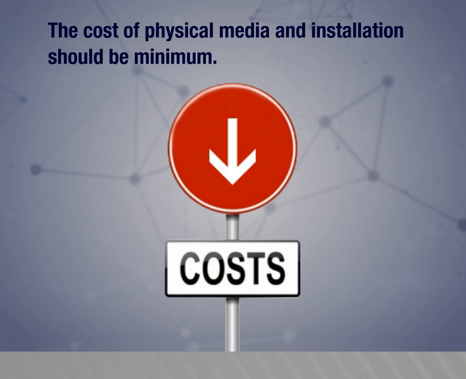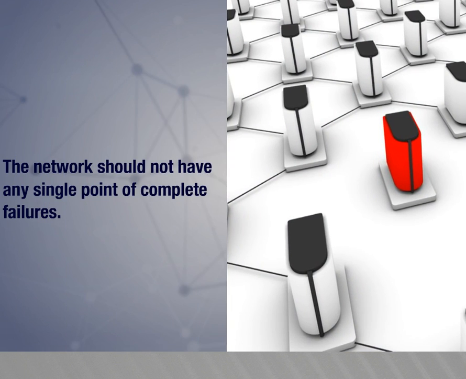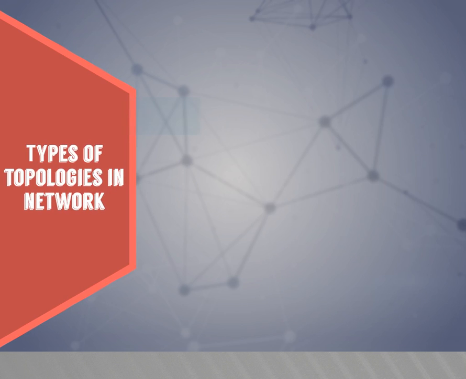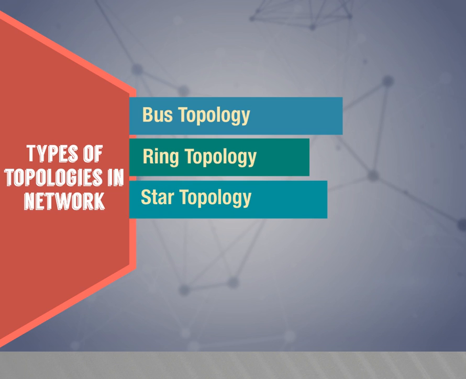The cost of physical media and installation should be minimum. The network should not have any single point of complete failure. Types of topologies in network: bus topology, ring topology, star topology, mesh topology.